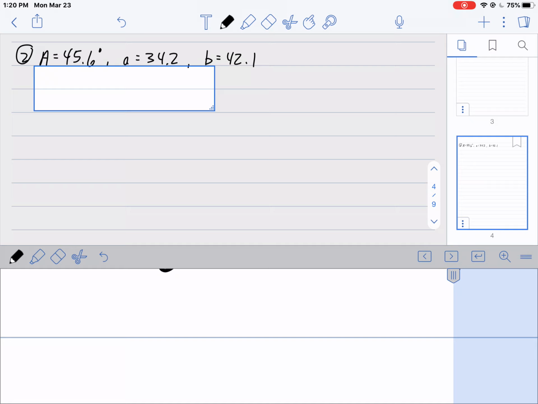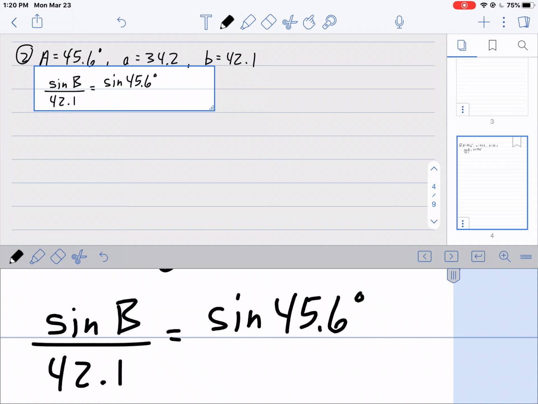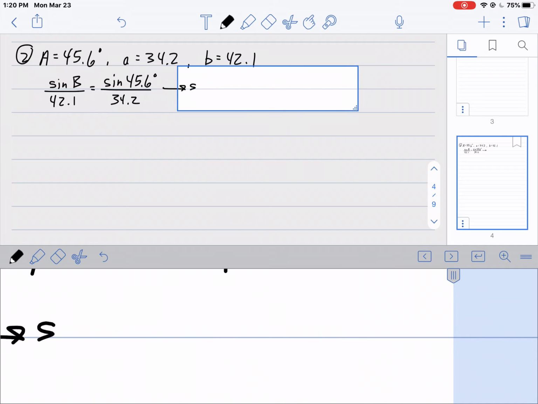So we're going to proceed as we did with the previous. I know angle A and side A. I know side B. Let's start by finding angle B. Let's take the sine of angle B over B equal to the sine of angle A over A. Okay. Solve it for sine B. So I've got 42.1.